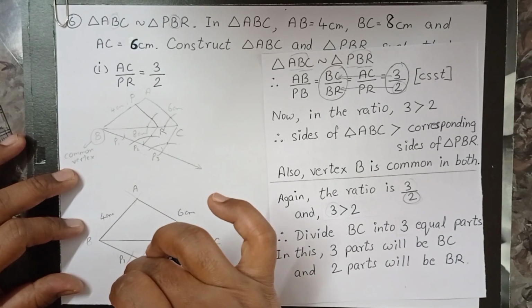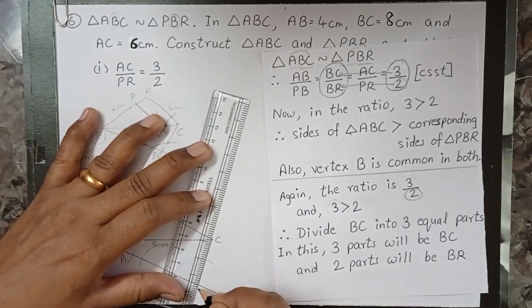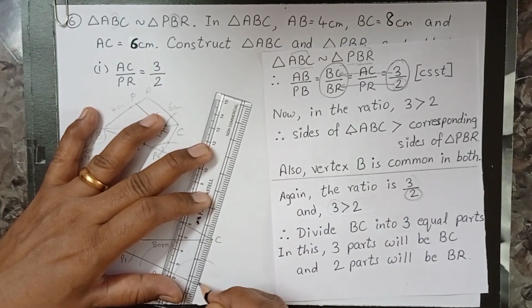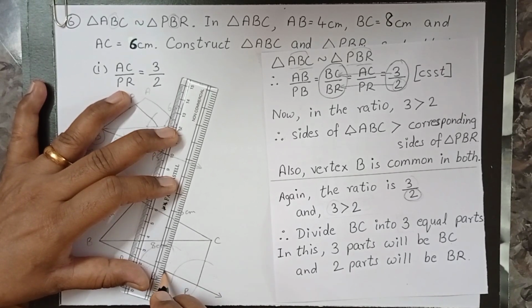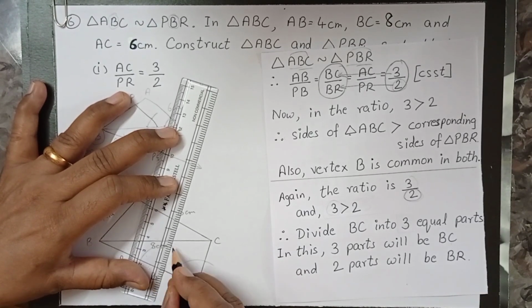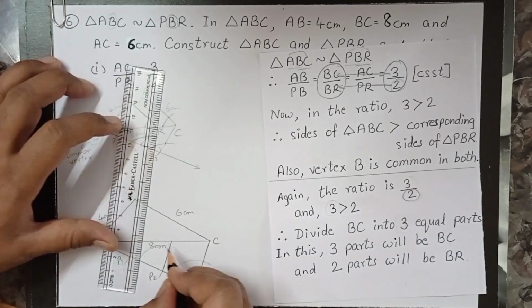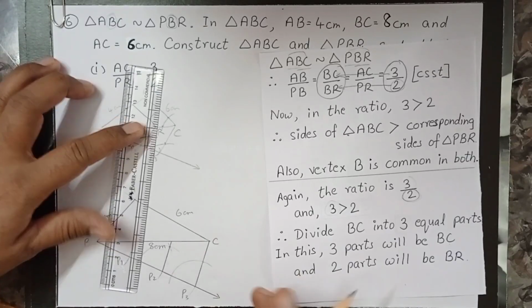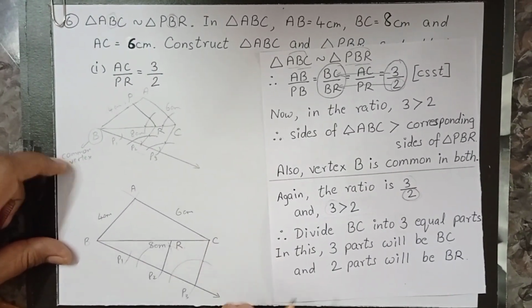So you get another arc here. So you have this segment joining P3 to C. So here also we will have a segment joining P2 to this. Done. So this is the point of intersection. So you joined, right? This is the point R.